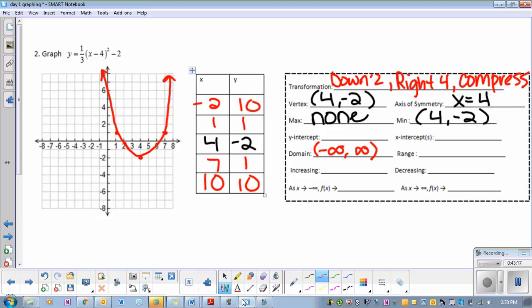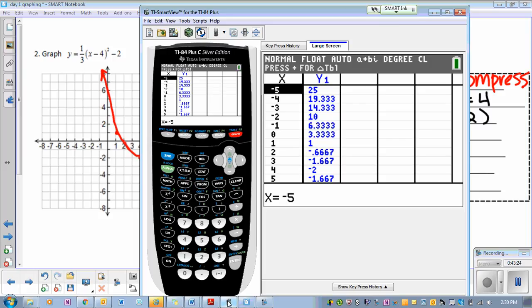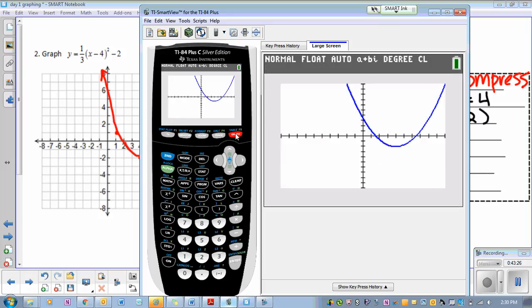Alright, so what about the y-intercept? Again, I can get that straight off of the calculator, right? Graph, trace, 0, enter. What is that? 3.33? You can give me the decimal for that. That's fine.